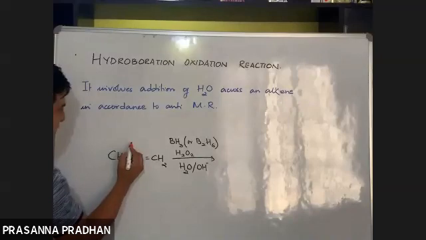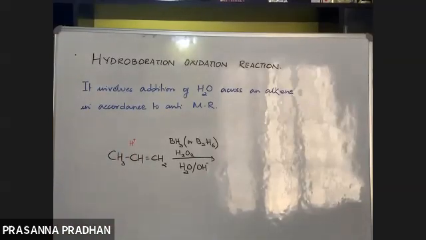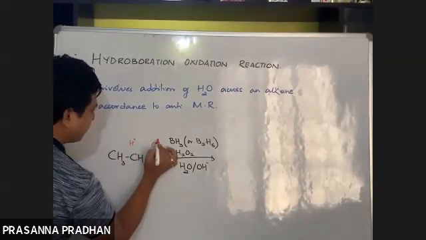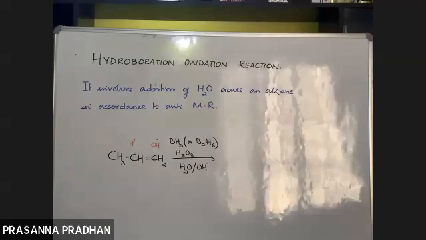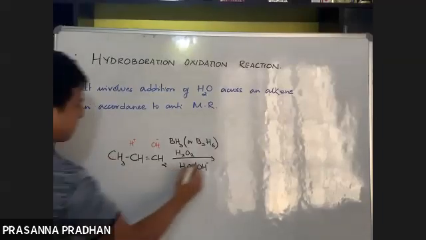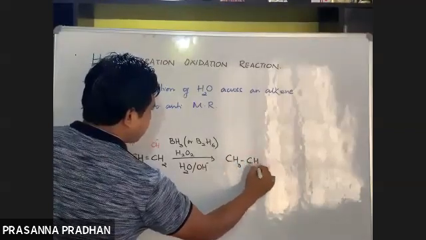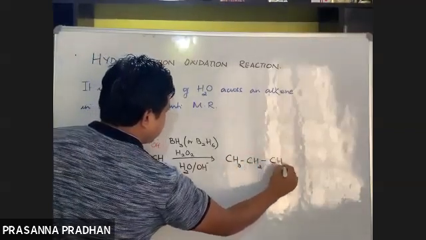And water का जो OH negative part है, it will be added to the carbon containing greater number of hydrogen. So the final product will be CH3, CH2 double bond reduced to single bond, CH2.